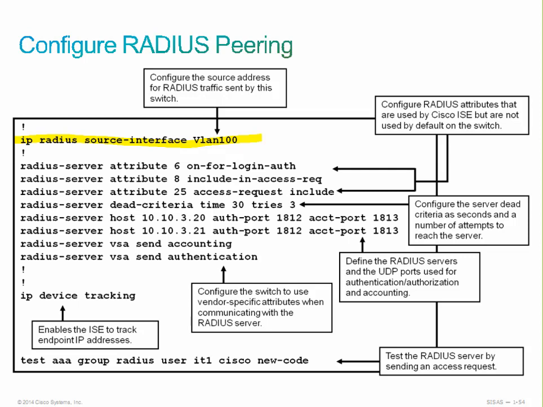Generally speaking, switches and routers will always source traffic from the exit interface. So if ISE happens to be on a different VLAN than 100, and I'm communicating to that server over that VLAN interface, then the traffic is going to be sourced from that particular interface. Does that make sense? It may not be the interface that we specified in ISE, which means that traffic is going to be denied.